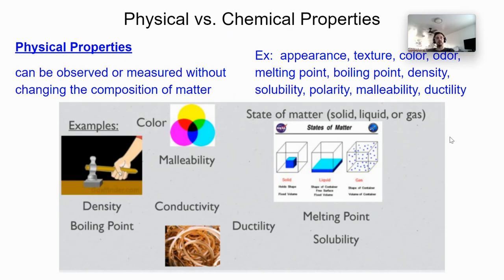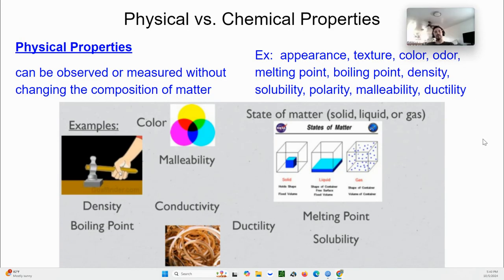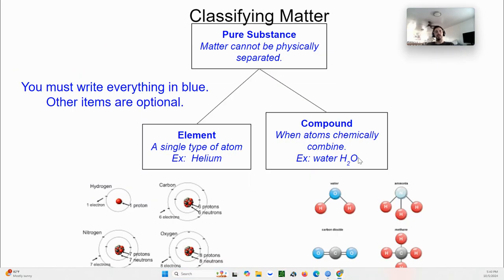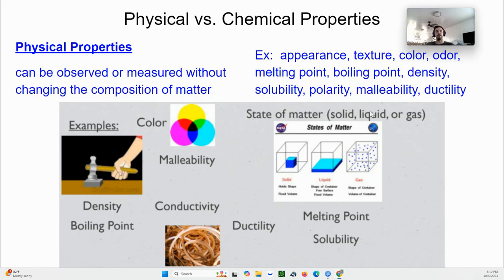Okay, physical versus chemical properties. These are often difficult. I always find them tricky because a chemical change requires the matter to change. When we talk about a chemical change, we're talking about the compound changing, a change in the atoms that are connected with one another.